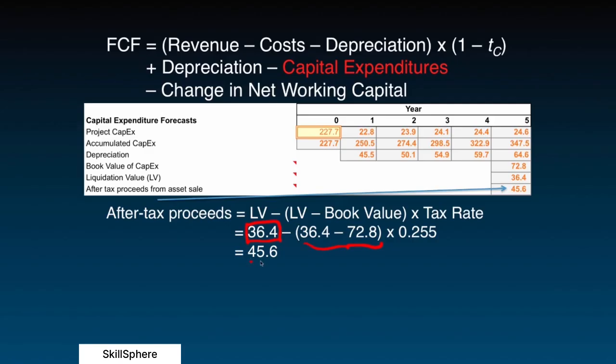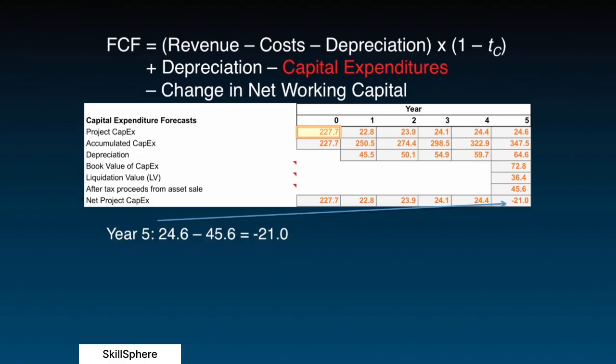And the result is after-tax proceeds that are actually greater than the liquidation value. We're going to get $45.6 million. And so the end result is that we have our projected capital expenditures here, but once I factor in the after-tax proceeds from the sale of these assets, we're actually going to have a negative capital expenditure in that last year, that 5th year, which reflects an inflow of money.